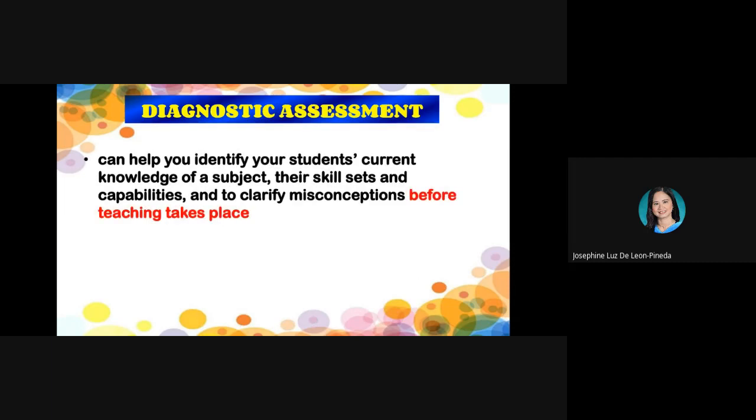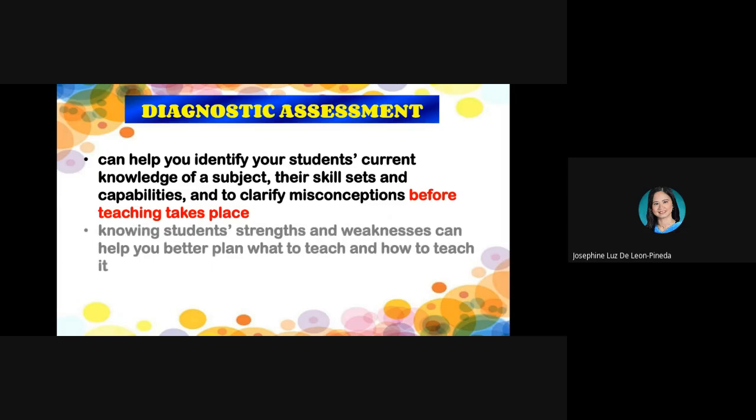In diagnostic assessment, it can help you identify your students' current knowledge of a subject, their skill sets and capabilities, and to clarify misconceptions before teaching takes place. It will also help you to know students' strengths and weaknesses, and can help you better plan what to teach and how to teach it.